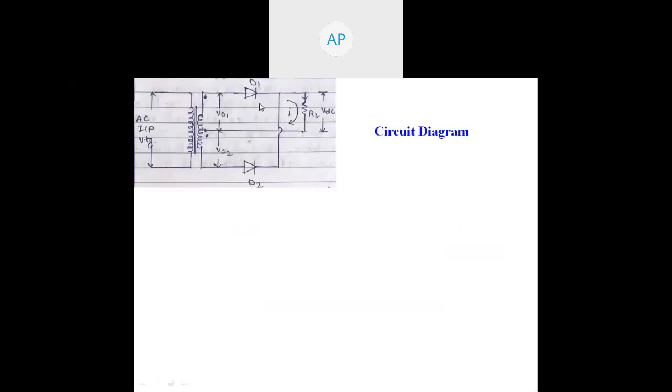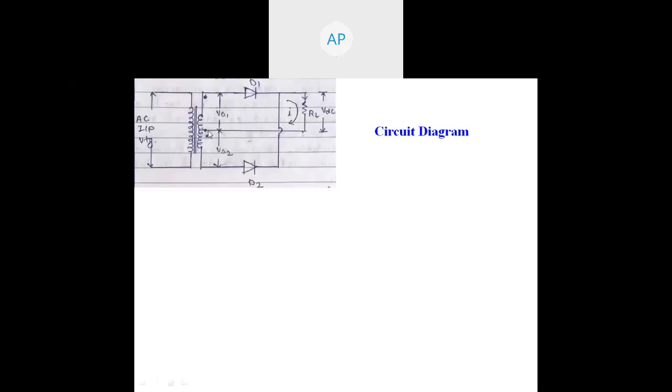Here we have a center tap transformer, and this point is the CT, the center tap. Assume that the turns ratio of the first half of the secondary is the same as the latter half of the secondary, approximately.